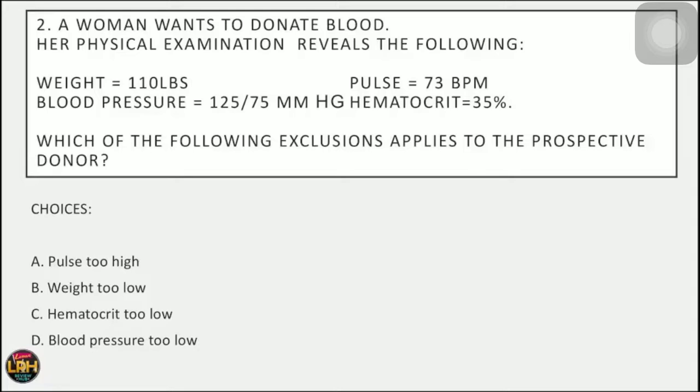The choices are the following. Letter A, pulse too high. B, weight too low. C, hematocrit too low. Or letter D, blood pressure too low. So, the answer for number 2 is letter C.